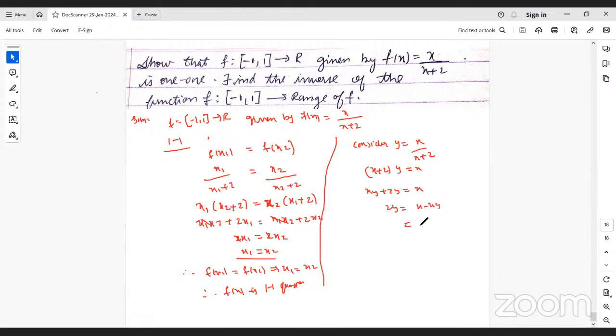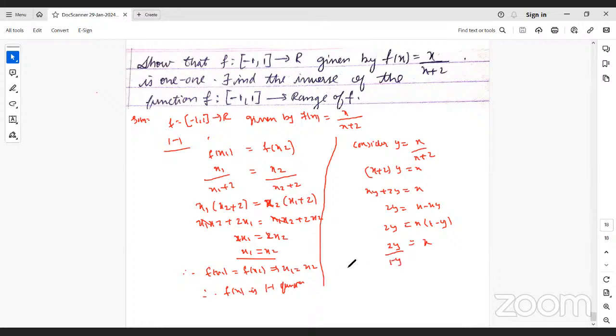On simplifying, x is common, it will be x into 1 minus y. So this is equal to 2y, so x will be equal to 2y upon 1 minus y.